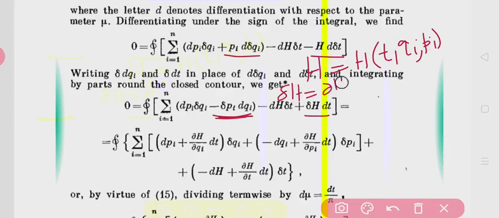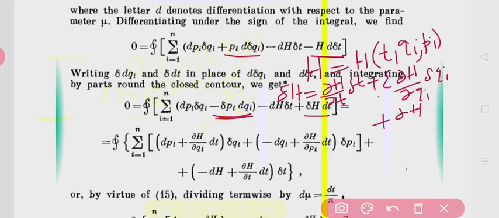So now you know what h is. H is the Hamilton function, a function of the Hamiltonian variables t, qi and pi, right? But you need delta h here. So delta of h will be given by curl h by curl t into delta t, plus summation curl h over curl qi delta qi, plus curl h over curl pi into delta pi, right?